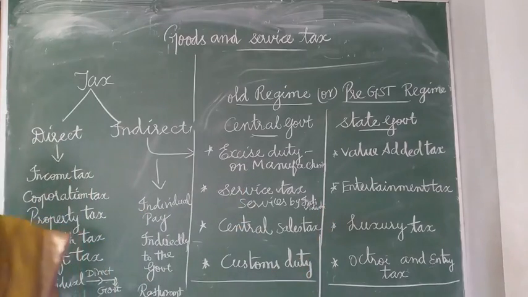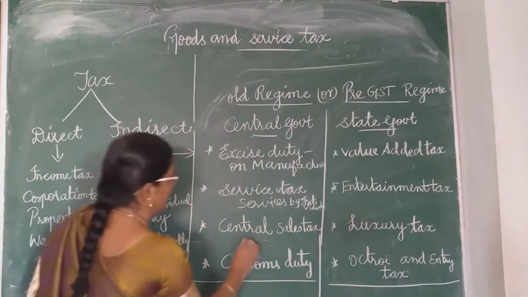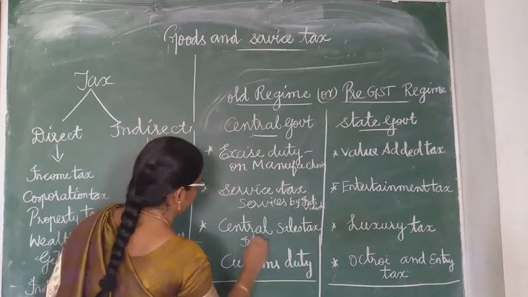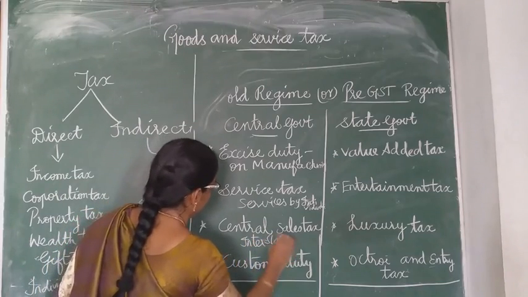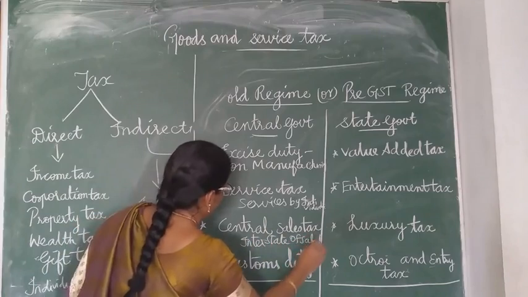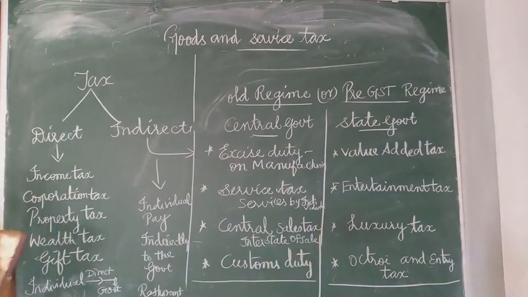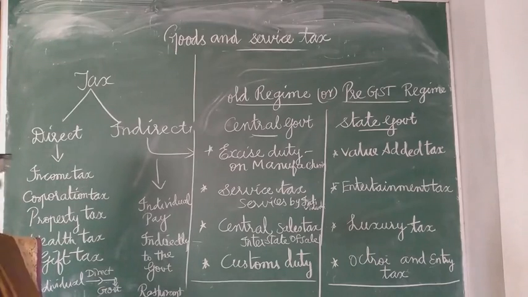Then central sales tax, that is CST, is charged on interstate sale. Then customs duty is charged on the import and export of goods. Already in the warehouse we have seen the bonded warehouse.